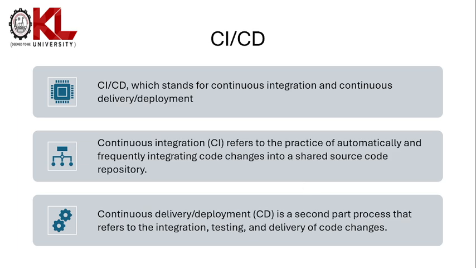Next, continuous integration and continuous delivery. CI stands for continuous integration, CD stands for continuous delivery. Continuous integration is a practice of automation. Whatever code changes are there, those code changes are automatically integrated from multiple developers by using shared repositories.